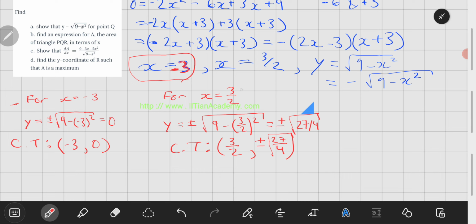Then for x is equal to 3 over 2, we have y is equal to plus or minus the square root of 9 minus 3 over 2 squared, which is just plus or minus root 27 over 4. So our two critical points where A would be at its maximum are negative 3 and 0, and 3 over 2 and plus or minus root 27 over 4. And that is all for this question.